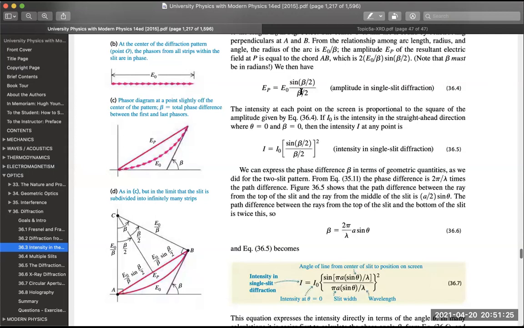Where did this beta over 2 in the denominator come from? If we divide by beta over 2, that 2 flops upstairs, and that's twice this expression. But we're writing it as sine thing over thing, which should make us think about limits and calculus and so on, because in a minute, if we keep scrolling through the text, we're going to see some cool applications of limits to talk about where those minima occur.